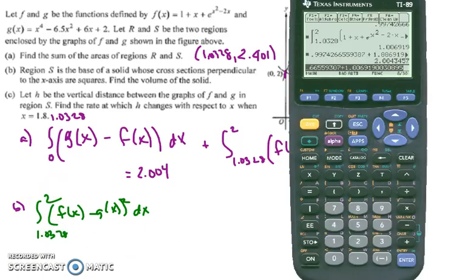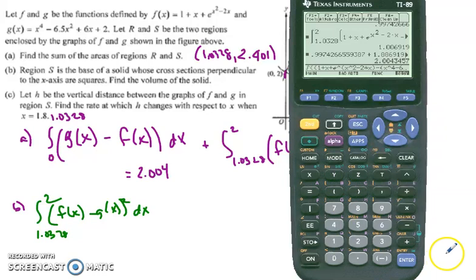So we could go back to our calculator, and I already had f minus g in this integral here. So I'm going to pull it in, and I have my limits of integration correct. What I need to do is square my f minus g. So I'm closing a paren and putting a square there, and then I have to go all the way back to the beginning of the f function and put an opening parenthesis right there.